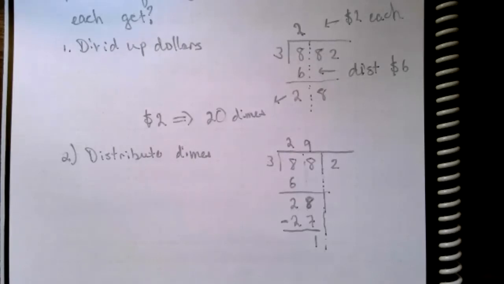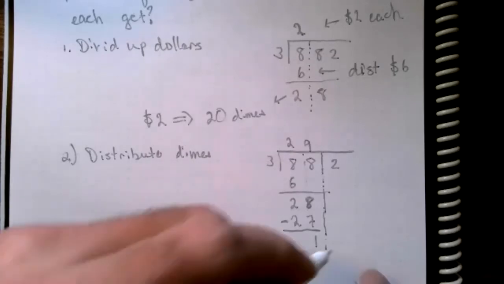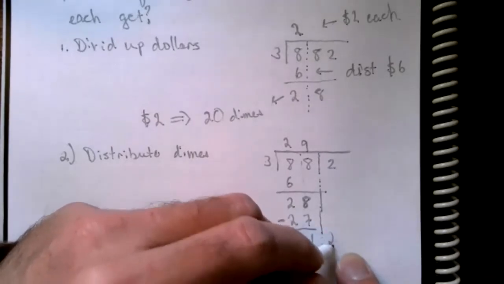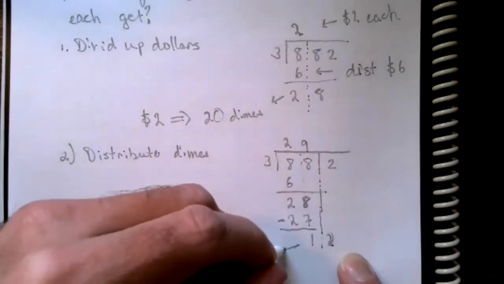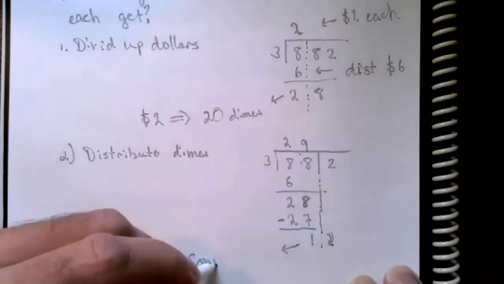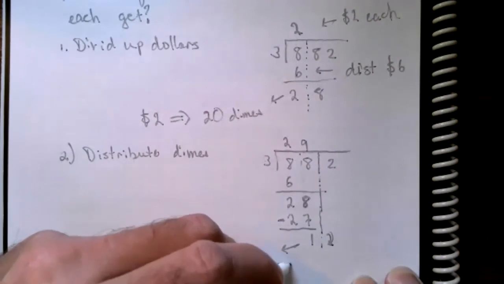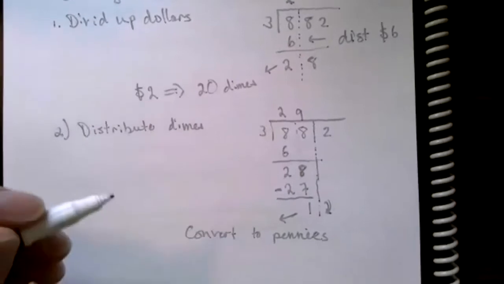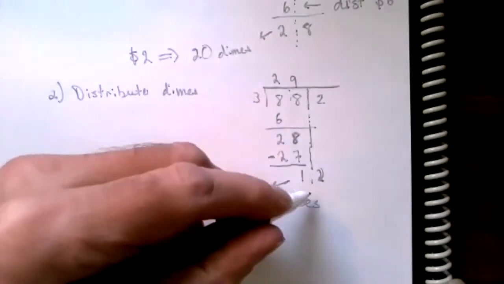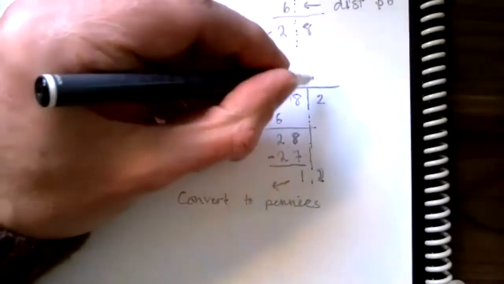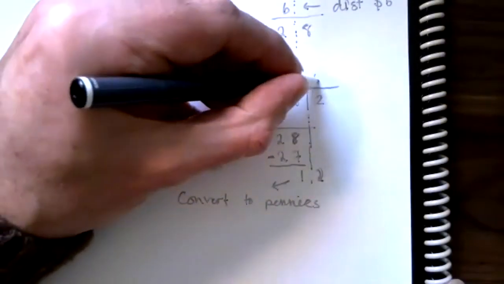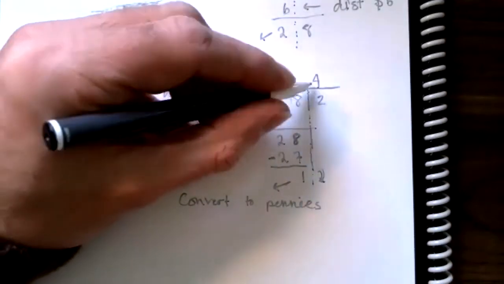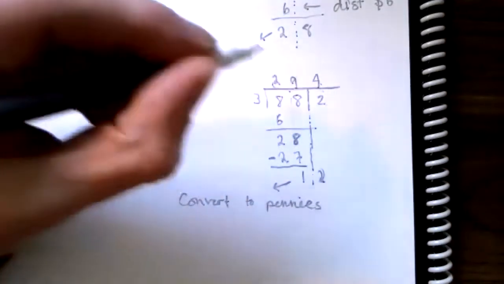So we've got 12 cents instead of one dime, 12 pennies. We convert that to pennies, and then each person would get 4 pennies. And then we've distributed everything. So each person would get $2, 9 dimes, 4 pennies: $2.94.